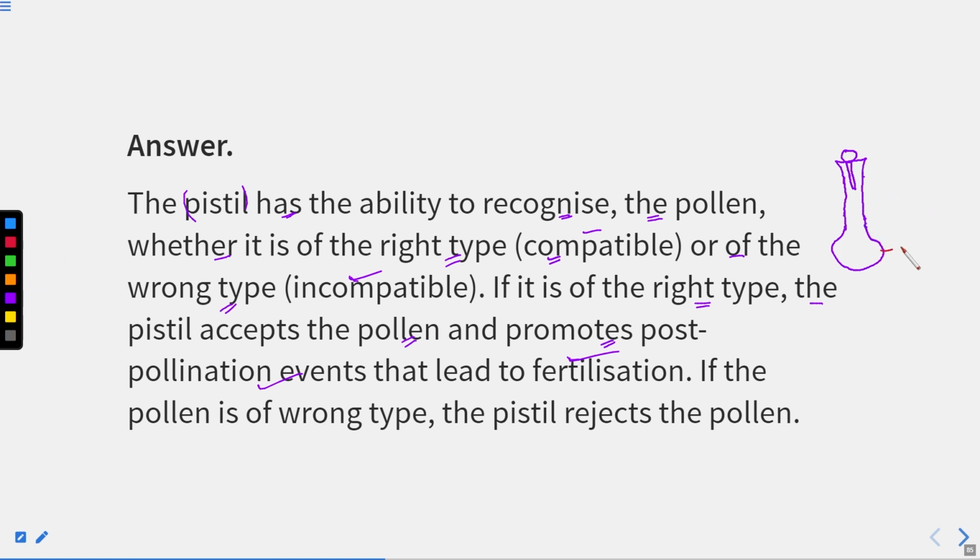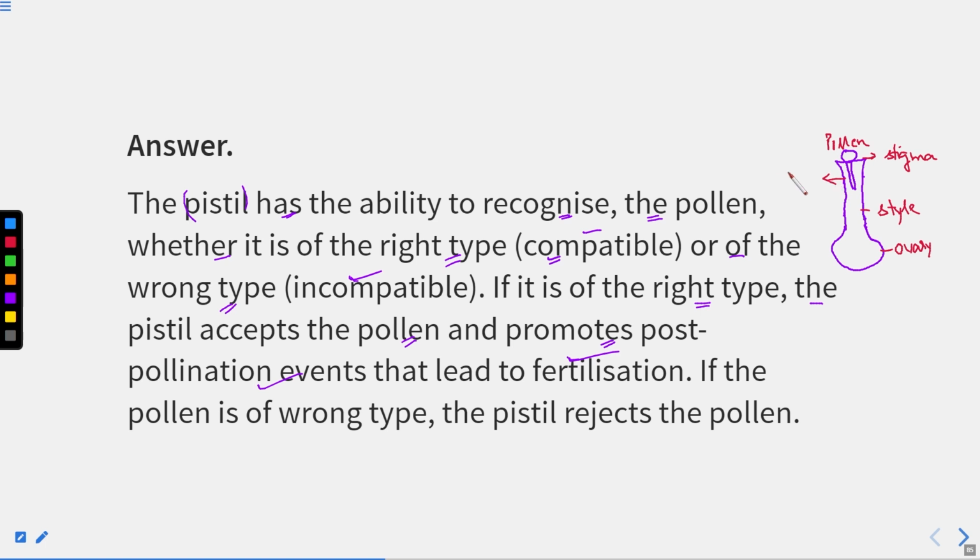So this is the ovary, this is the style, and this is the stigma. This is the pollen, and it forms the pollen tube.